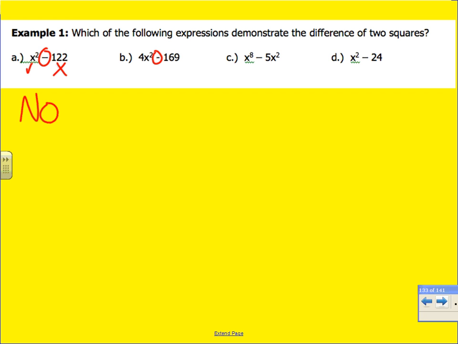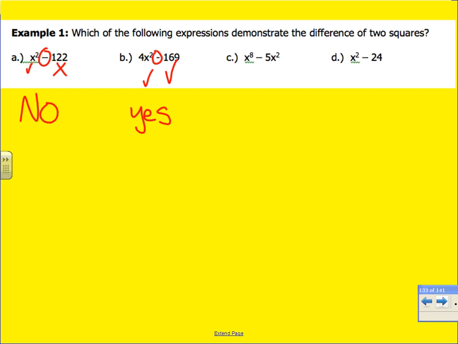It is. The square root of 4 is 2. The square root of x squared is x. And the square root of 169 is 13. So both of those are perfect squares, and it also meets the other two characteristics. Letter B, we would use the factor by difference of perfect squares method to solve for the x-intercepts of our parabola.